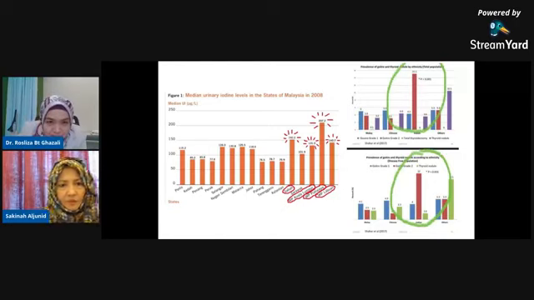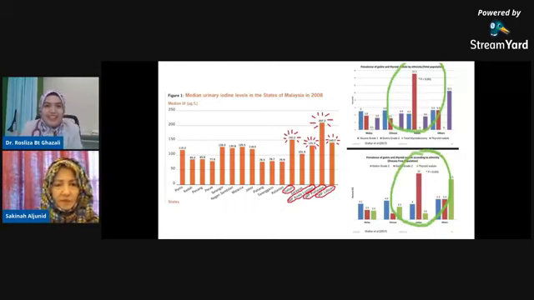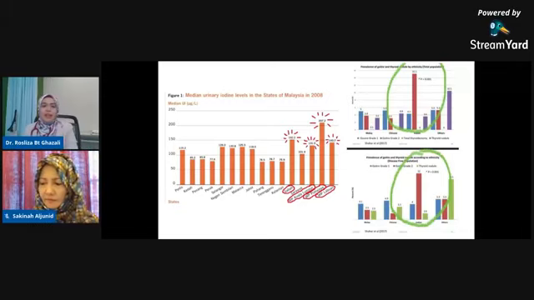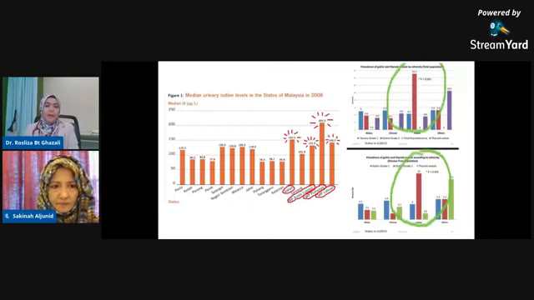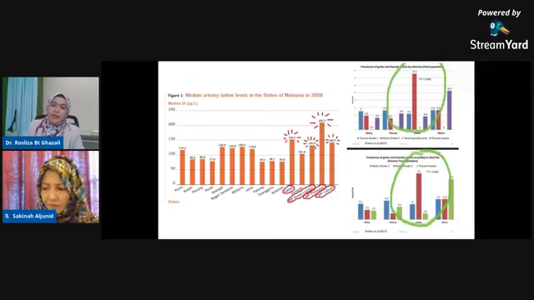Why is iodine related to goiter? Because it reflects the level of iodine in your blood. If you are low in iodine, you tend to develop goiter, because you tend to become hypothyroid and you develop goiter. To produce the hormone, you need iodine in our body.